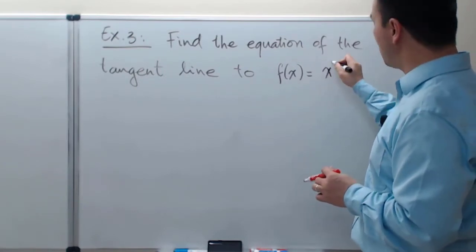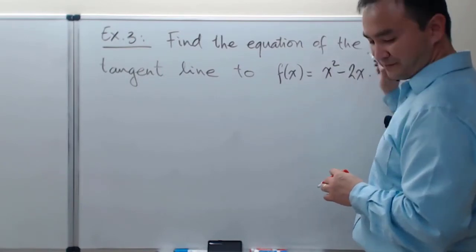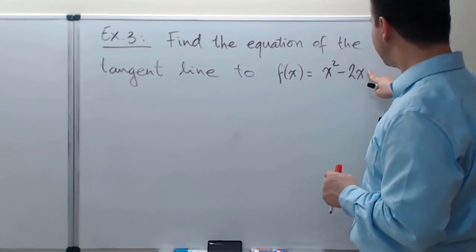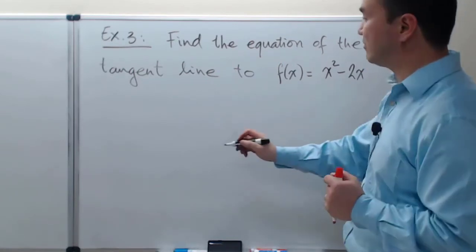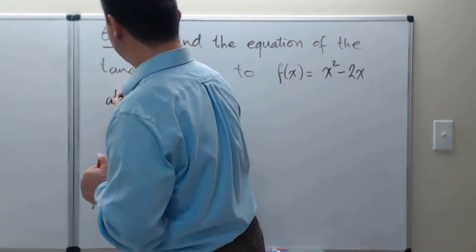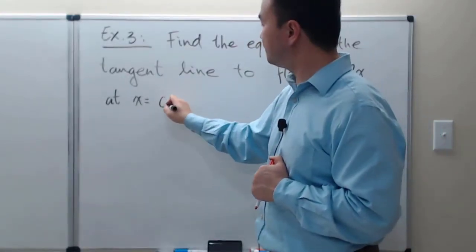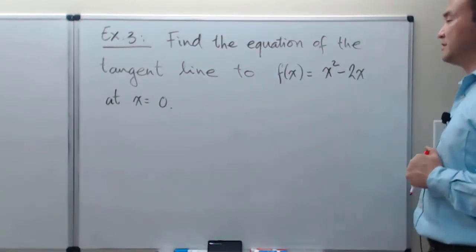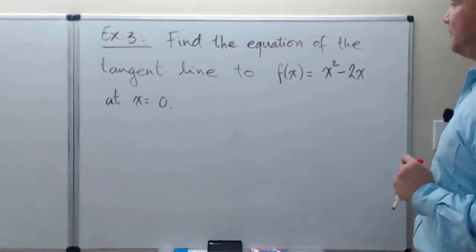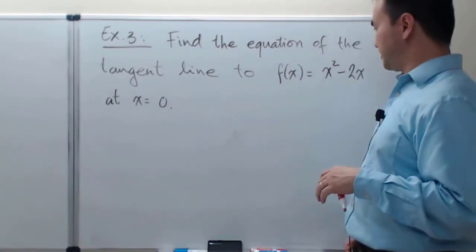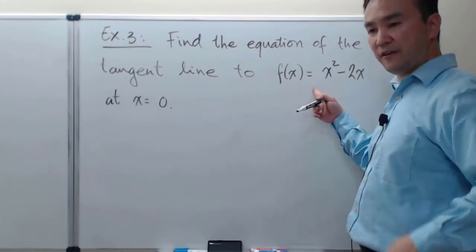So how about x squared minus 2x? Okay. Then now for the tangent line, we have to be specific at x equals 0.